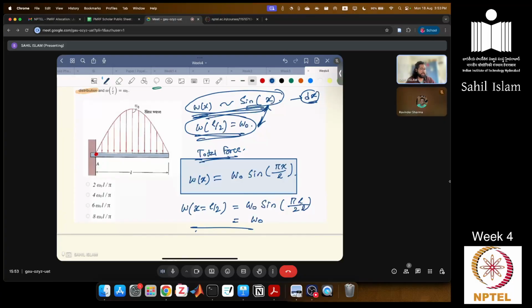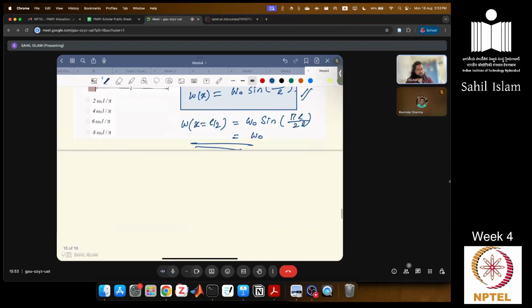So I can argue that this form satisfies the given condition omega at L by 2 equal to omega 0. If you don't know how to do it, you have to start with some constant times sine of some bx, that is a sine bx. From here you have to satisfy at x equal to L by 2, a sine bL by 2 equals omega 0.